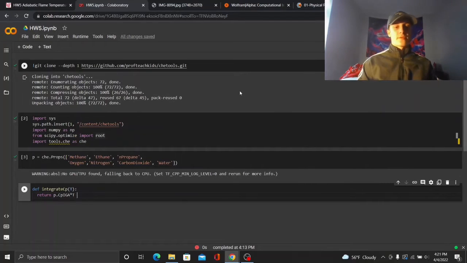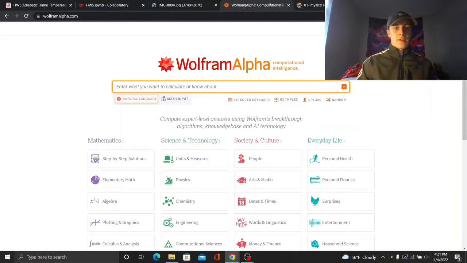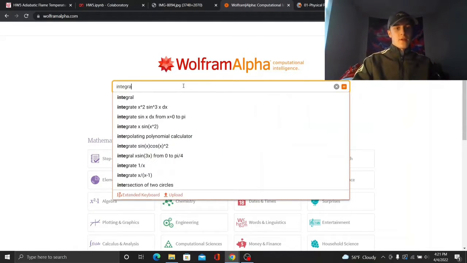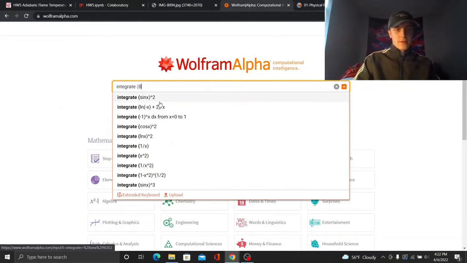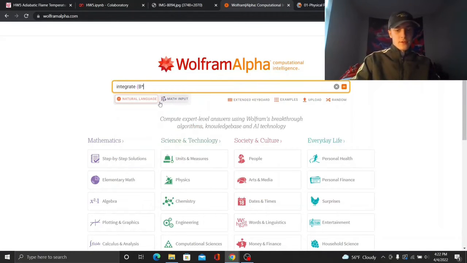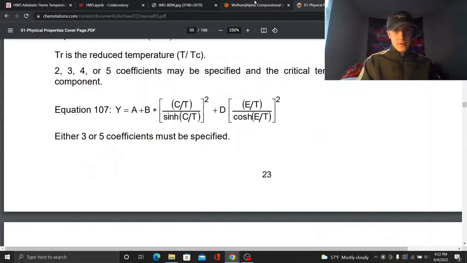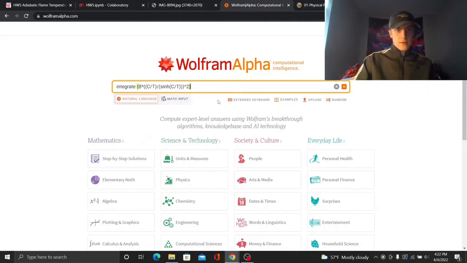So now for the next two parts of the integral, we're going to be using Wolfram Alpha. We're going to want to integrate B times C divided by T, over hyperbolic sine of C divided by T, all that squared, like so.